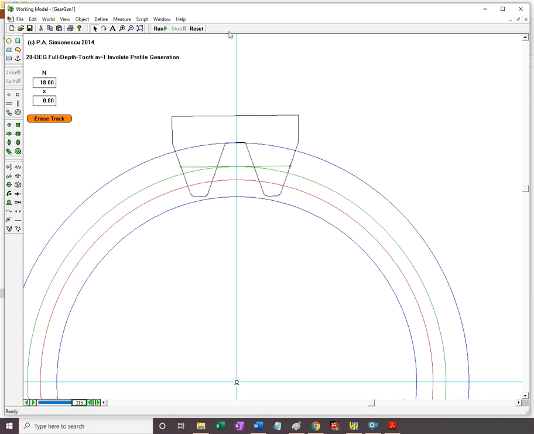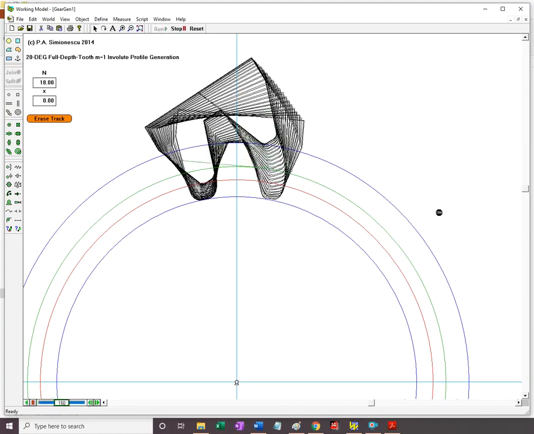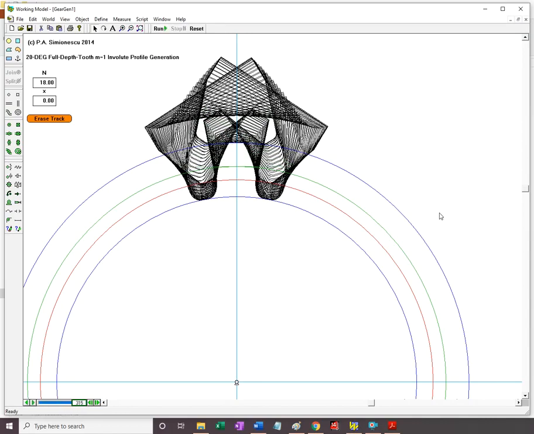So hit run again, reset, run, and I'm enveloping one tooth at a time. Of course, a rack tool may have 3 teeth, and in addition to finishing one tooth fully, I'm starting the flanks of the neighboring teeth as well.